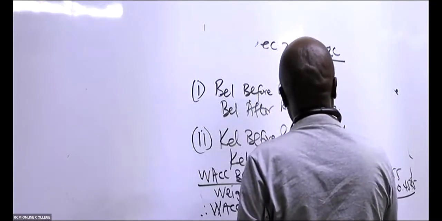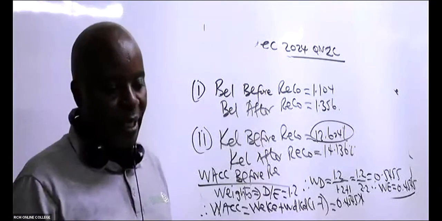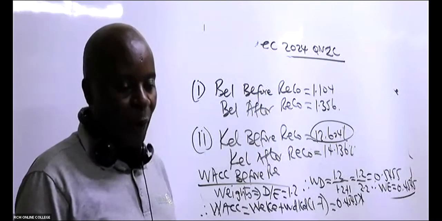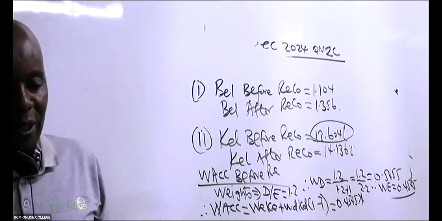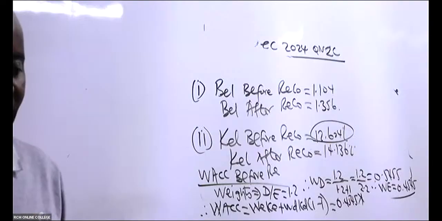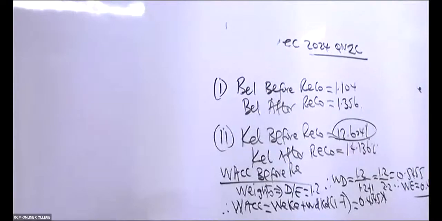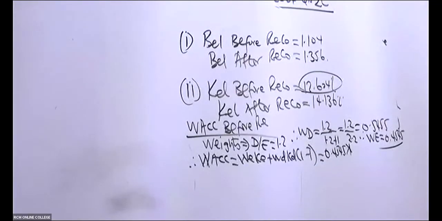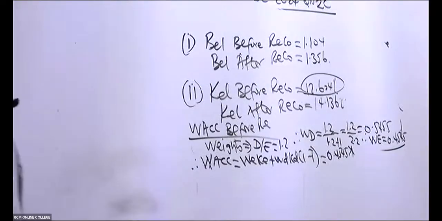Cost of equity before, there are guys who are saying this is wrong. What is the correct one? Most of them are saying, Mwalimu, that it is right. This figure is right.